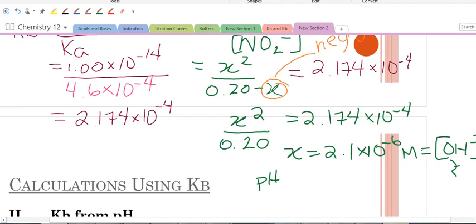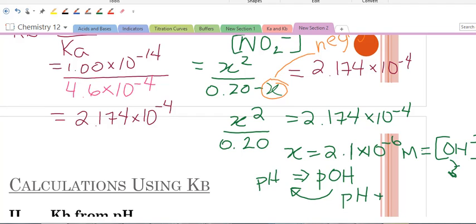So from this, you can calculate the pOH, and then you'll remember from yesterday that that will give you the pH, because the pH and the pOH must equal pKw. So pH plus pOH have to equal 14.